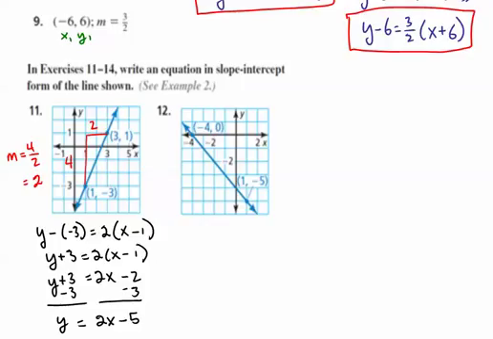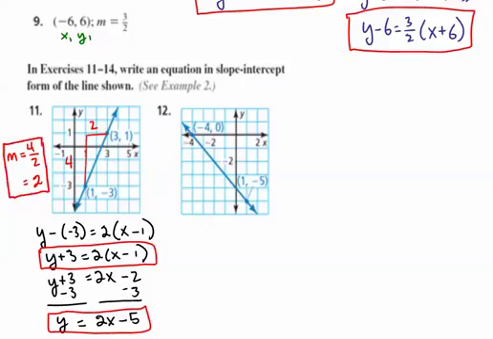And so that is my slope-intercept form. Above that, I have my point-slope form, and above that still, I have my slope calculation. Alright, so we go from slope to point-slope to slope-intercept.